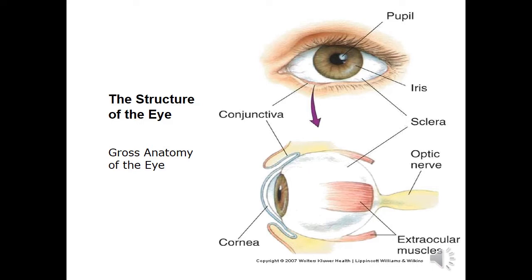So our eyes enable us to see all the beautiful things around us. In this lecture, you are going to study the structure of the human eye, its components and their functions.